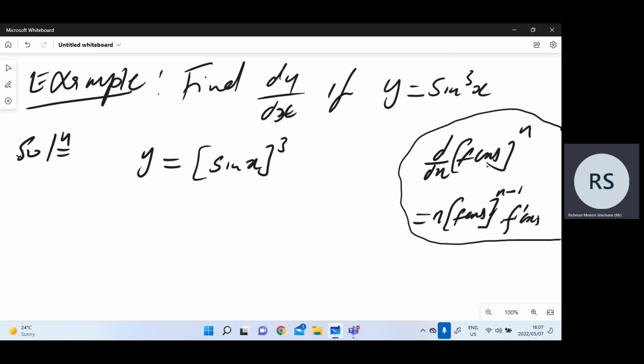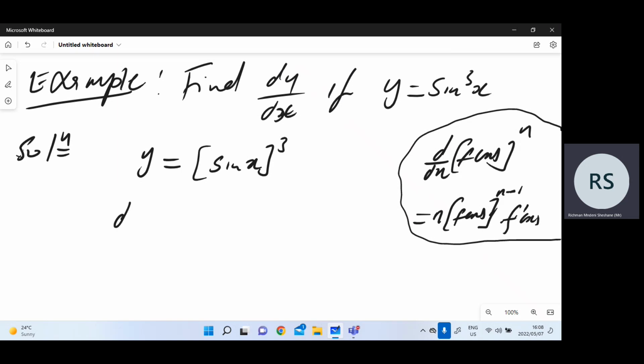As long as you see this form, remember to apply the chain rule, this formula number one in your formula sheet. I'm applying this formula because I have a function to the power of n, in which f of x is a trig function.